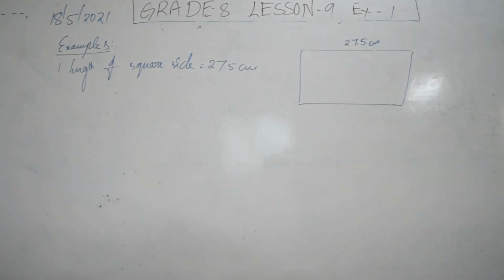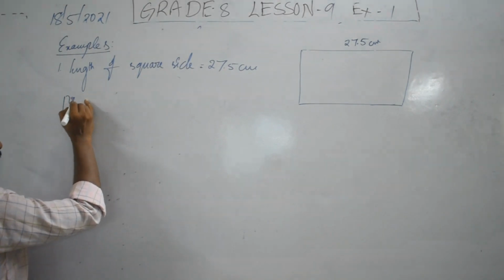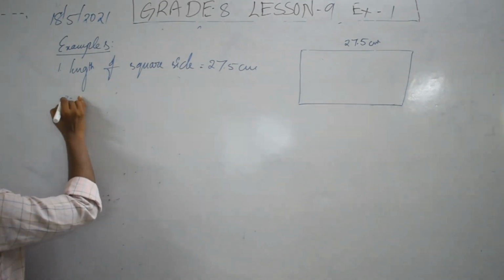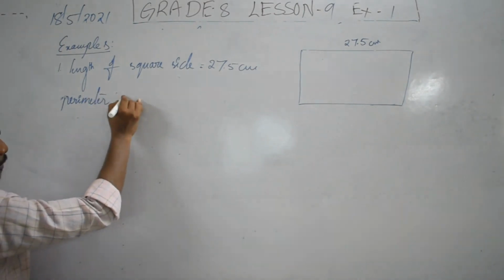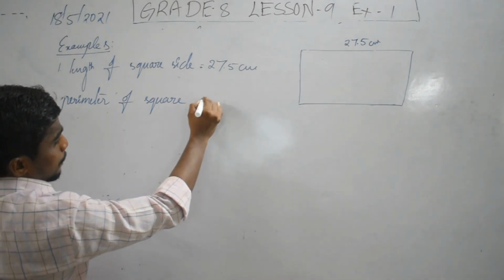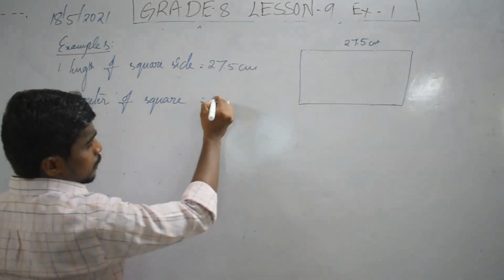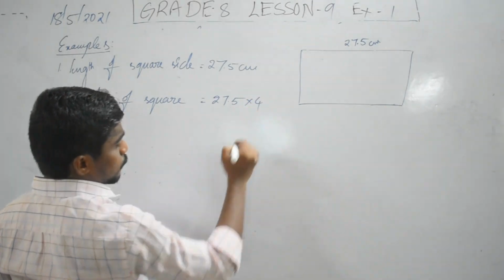So now perimeter of the square, perimeter of a square is 27.5 into 4.